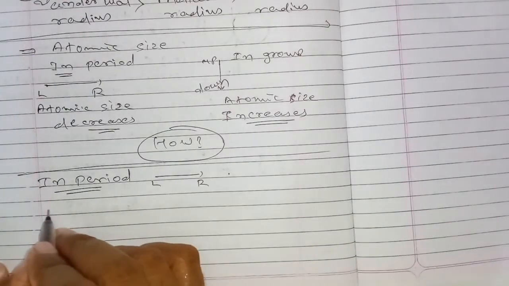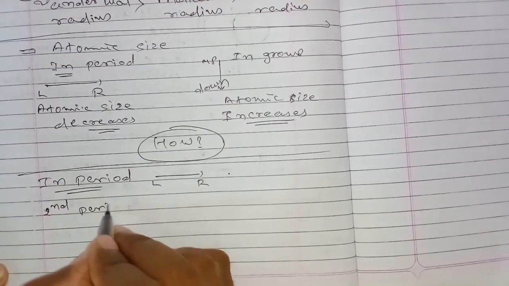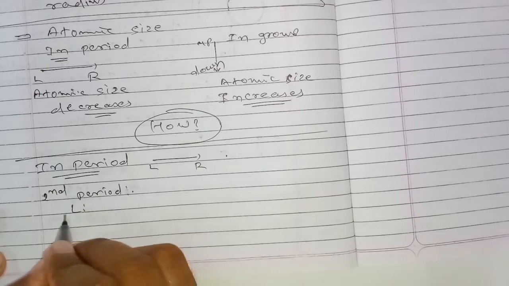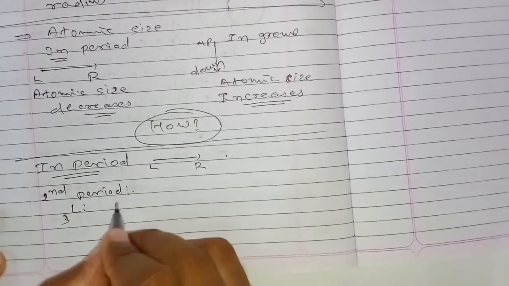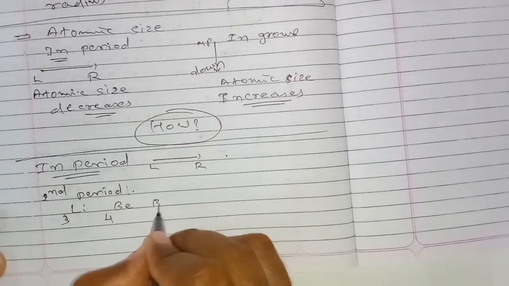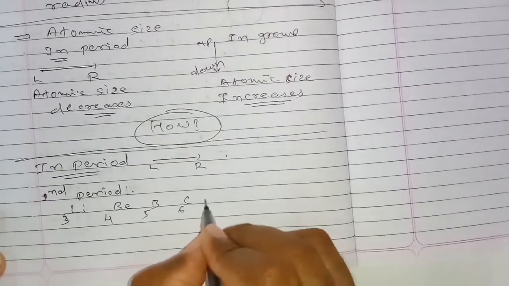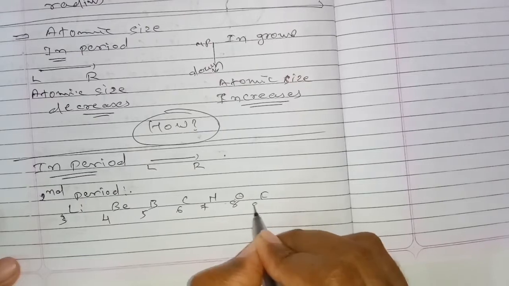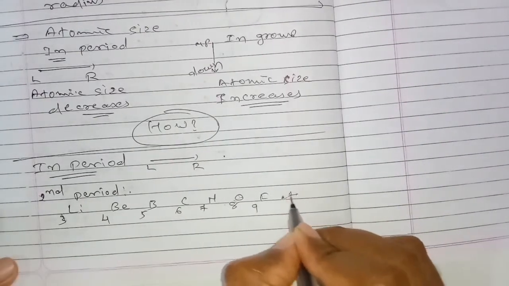For example, in the second period, the elements are lithium, beryllium, boron, carbon, nitrogen, oxygen, fluorine, neon.